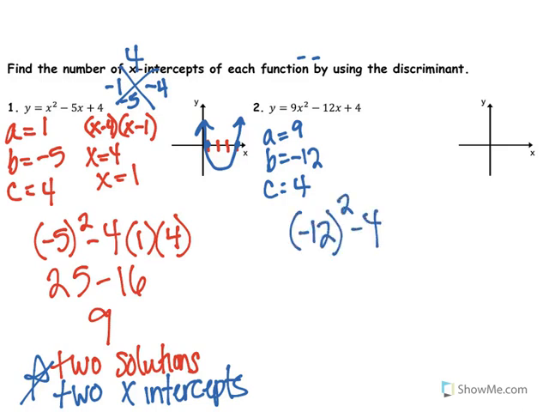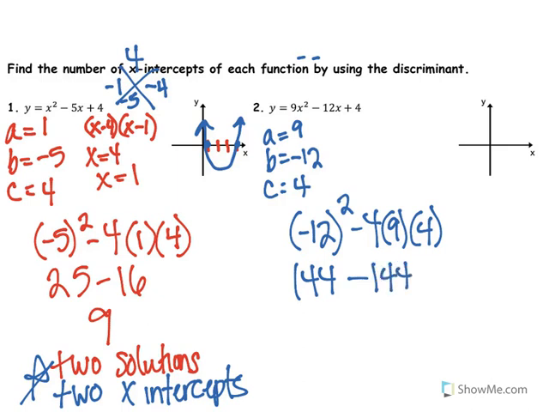B squared minus 4AC. 144. Minus, no fun. 4 times 9 is 36. 36 times 4. Well, I know that 36 times 2 is 72. So what's 72 times 2? 144.